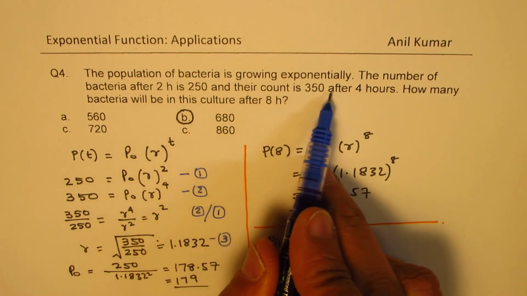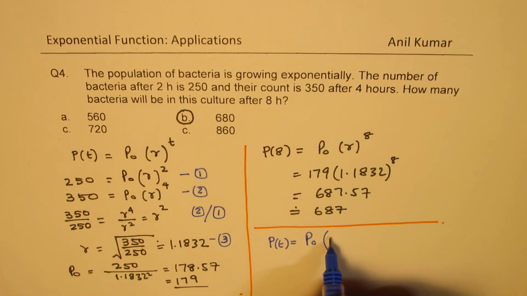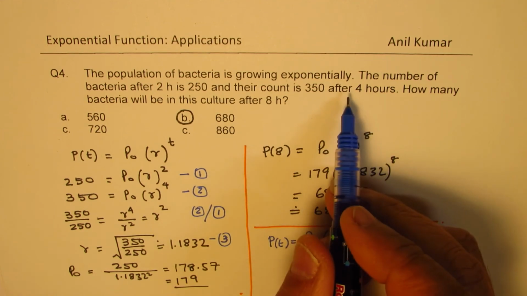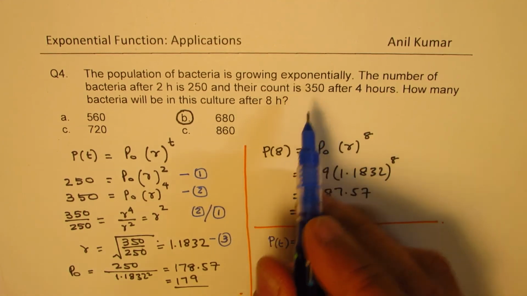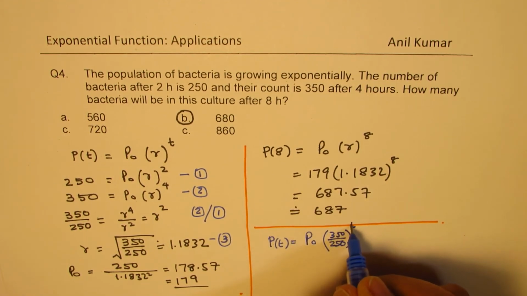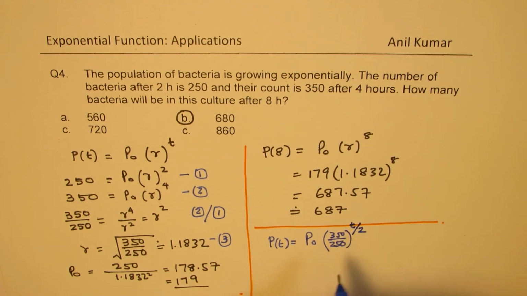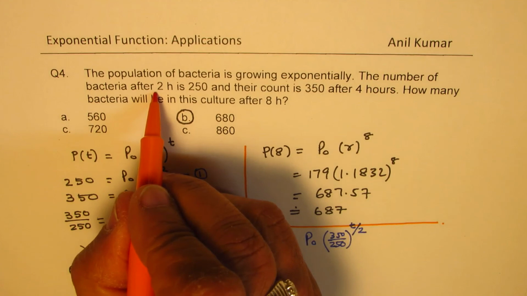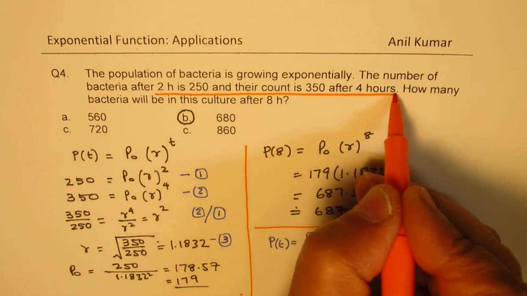So within this duration of 2 hours, by how many times it has changed. So it has changed 350 over 250 times. So that is the ratio, right? And we can write this to the power of T over 2. So that equation can be formed from the given information. You get the idea?